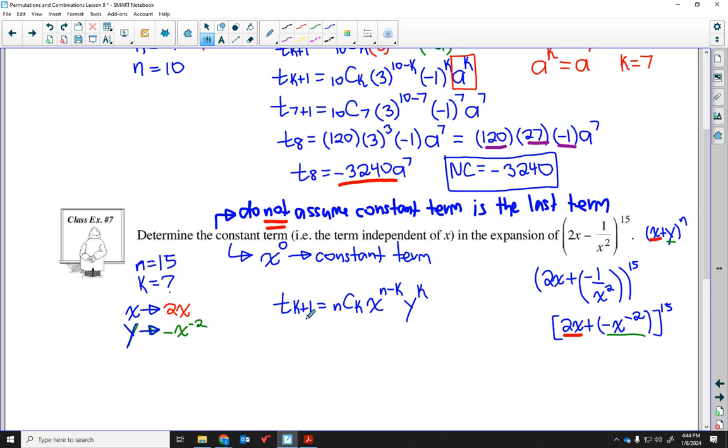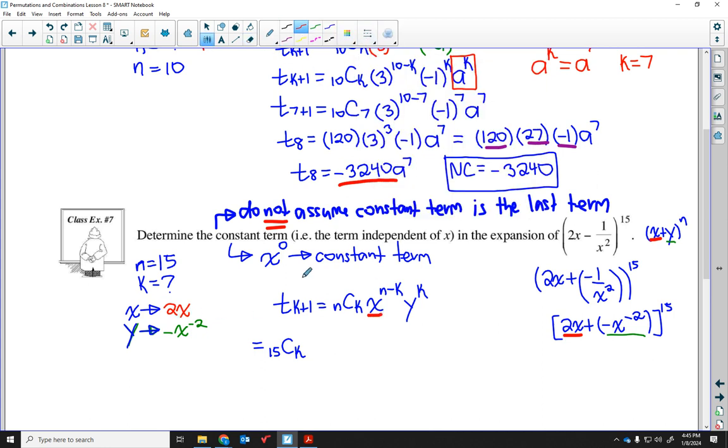All right, so let's sub in what we know. Okay, I can't sub in k. I don't know what it is yet. We will know it shortly though. Okay, n is 15, so we would have 15 choose k, and then we would have x to the, oh, it's not x though. It's 2x. Let's make that substitution.